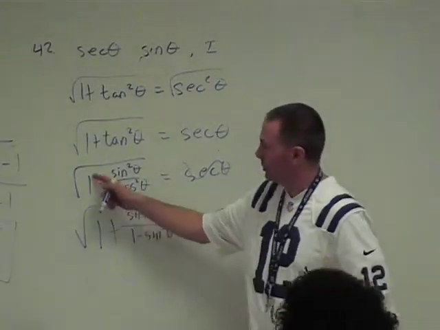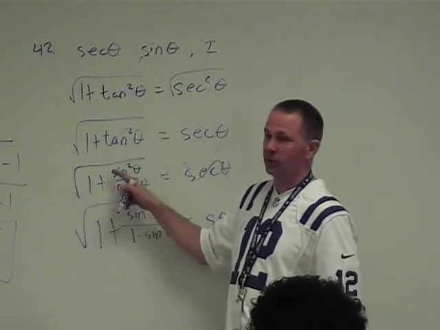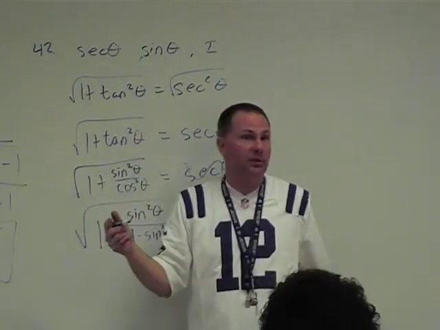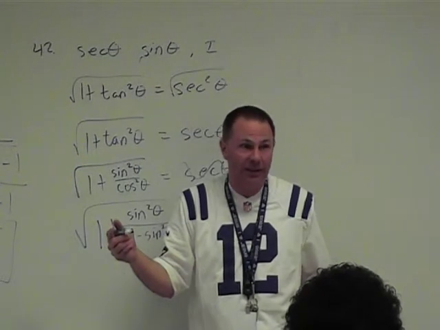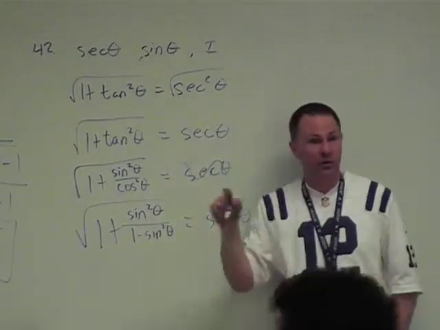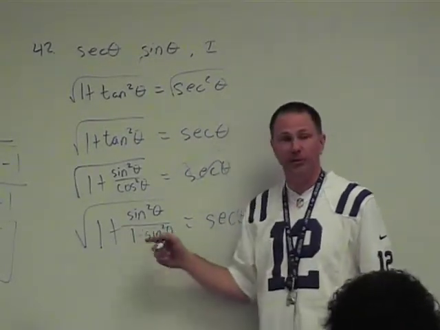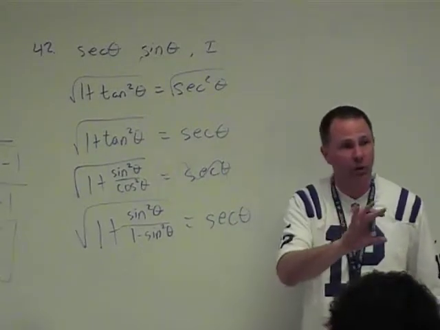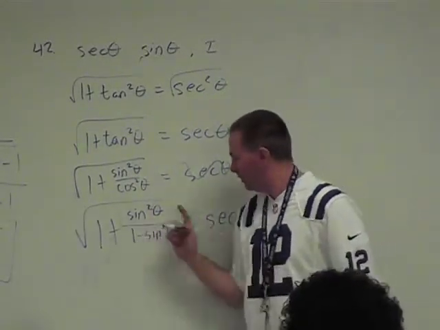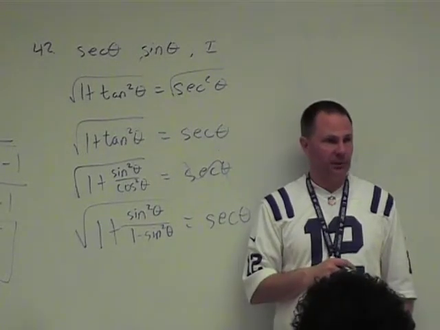I could have gotten cosine squared over cosine squared here, and then I'd have cosine squared plus sine squared, that's 1 over cosine squared, which is totally not what I needed. So sometimes simplifying it before you're done hurts your process. So even though this is ugly, yeah, you can now simplify it from here, but that wasn't the goal. The point was get the secant to be nothing but your sine function, and we did.